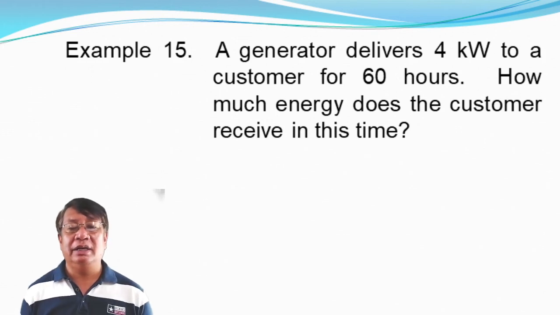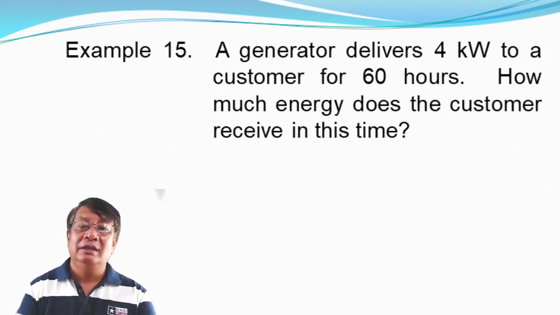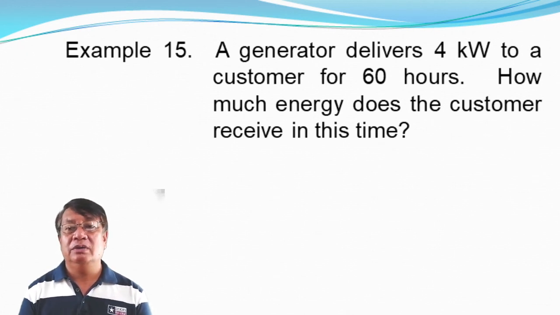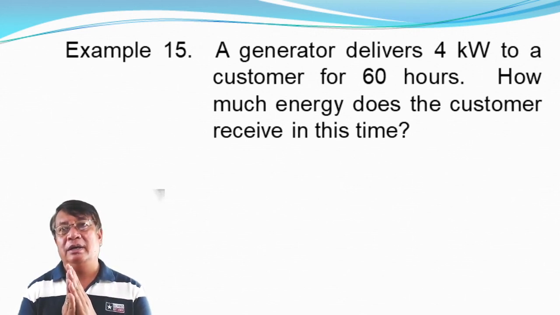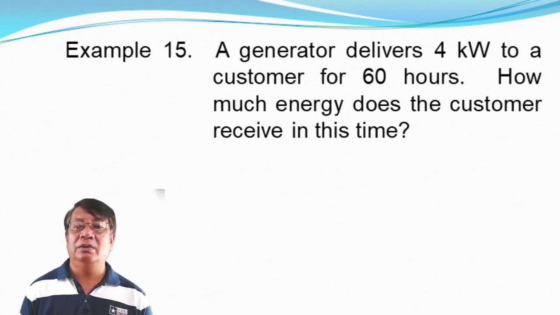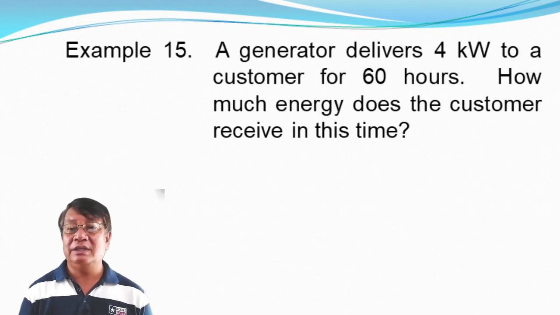Let us try example number 15. A generator delivers 4 kilowatt to a customer for 60 hours. Take note, class, that a generator is a machine that converts mechanical to electrical energy, as we said a while ago in our discussion. How much energy does the customer receive in this time?